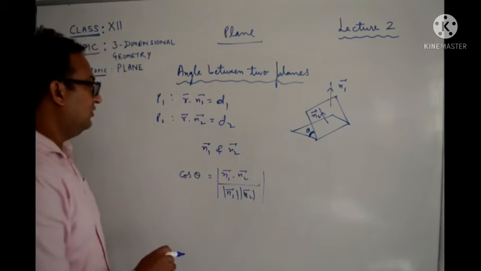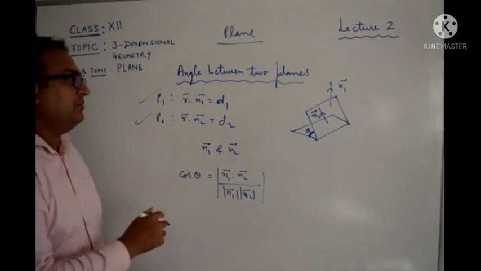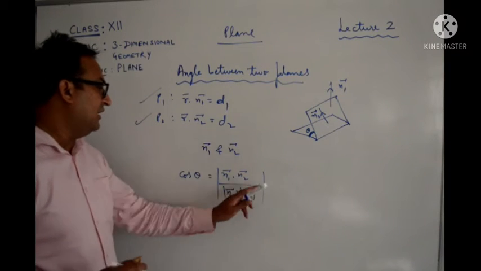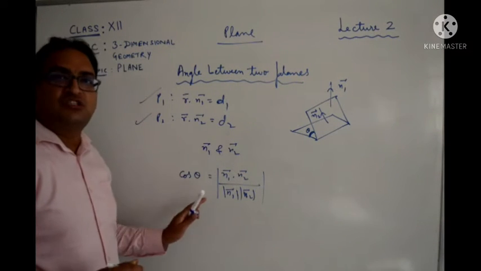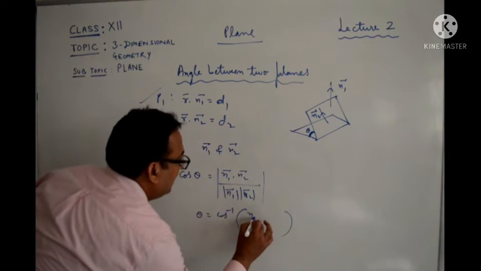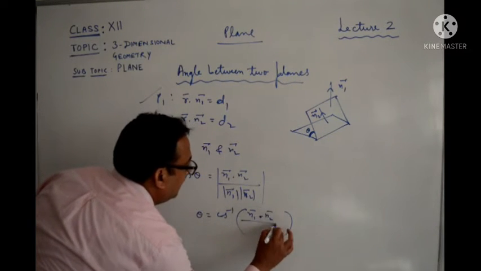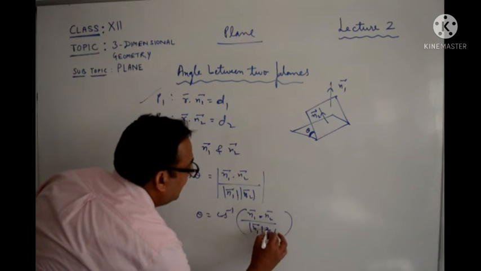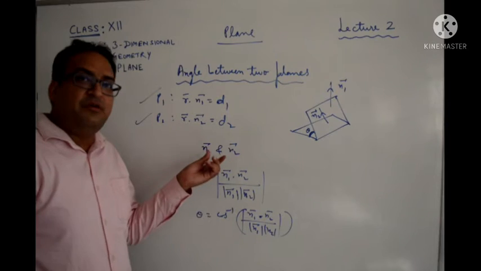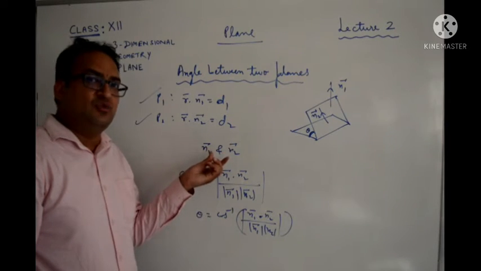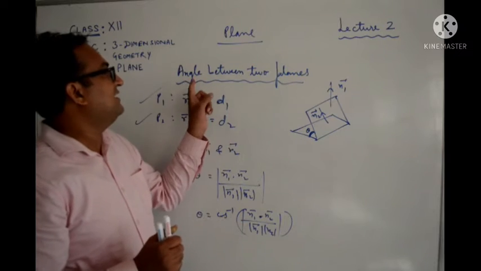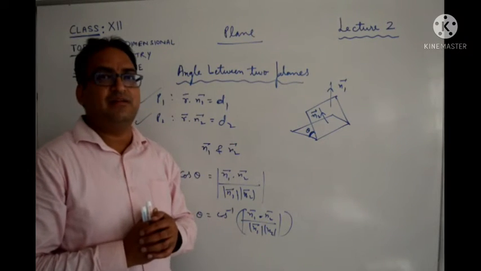So if the two planes are given, the normal vectors are known to us, and we can simply evaluate cos theta. Then theta will be cos inverse of n1 dot n2 upon the magnitudes of n1 and n2, modulus. So this angle theta is the angle between the normals n1 and n2, and it will be the same as the angle between the two planes p1 and p2.